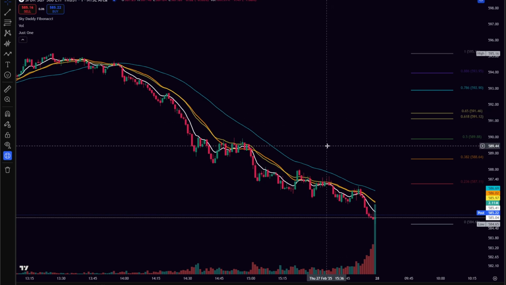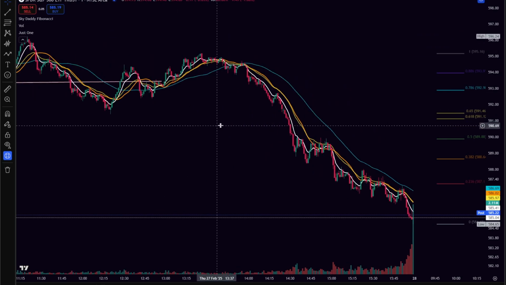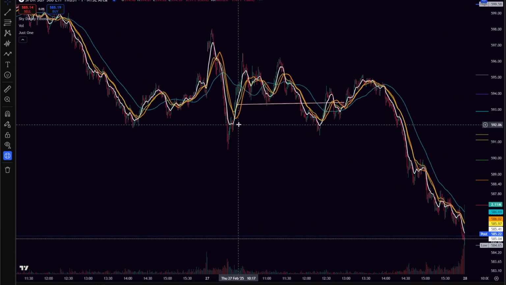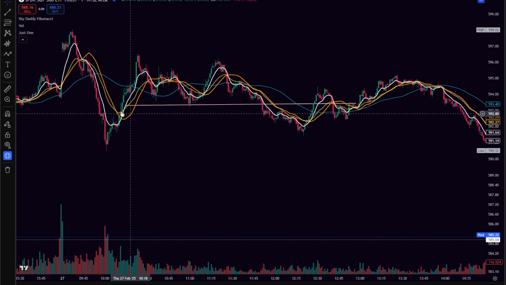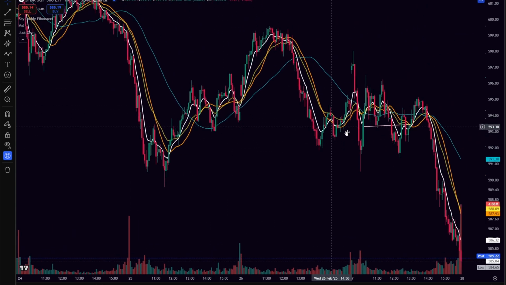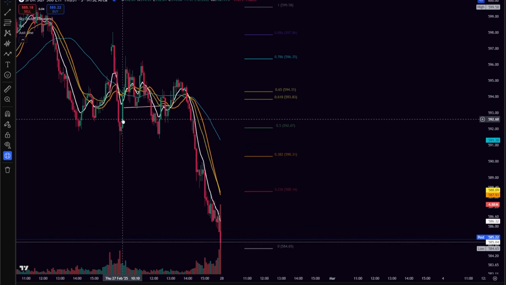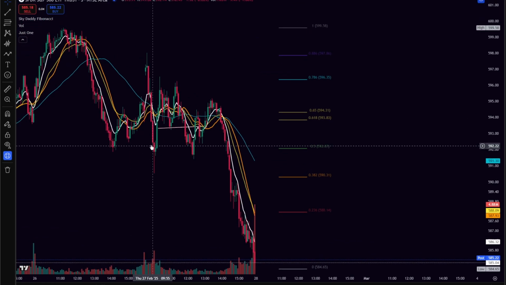Yeah, and I don't just trade off of this. If I enter a long position here, at about 10:11, I like pulling up a 5-minute time frame. We see where we're at, 10:11, so about right here.